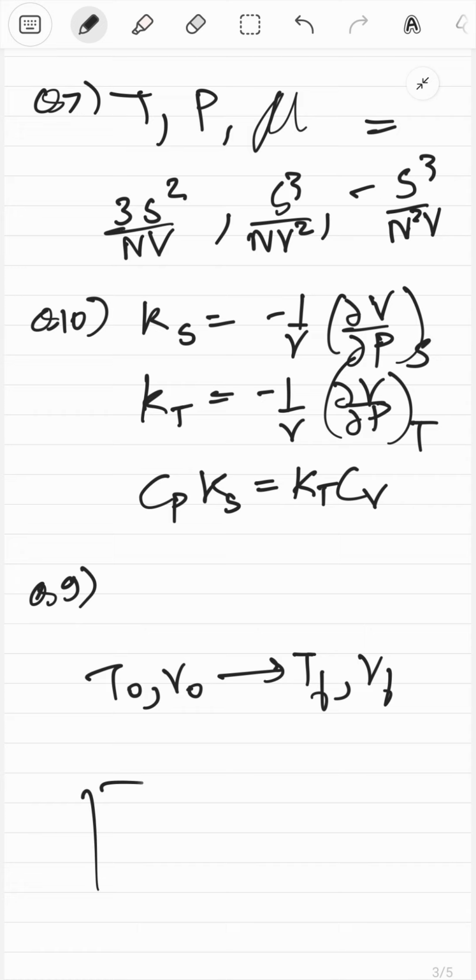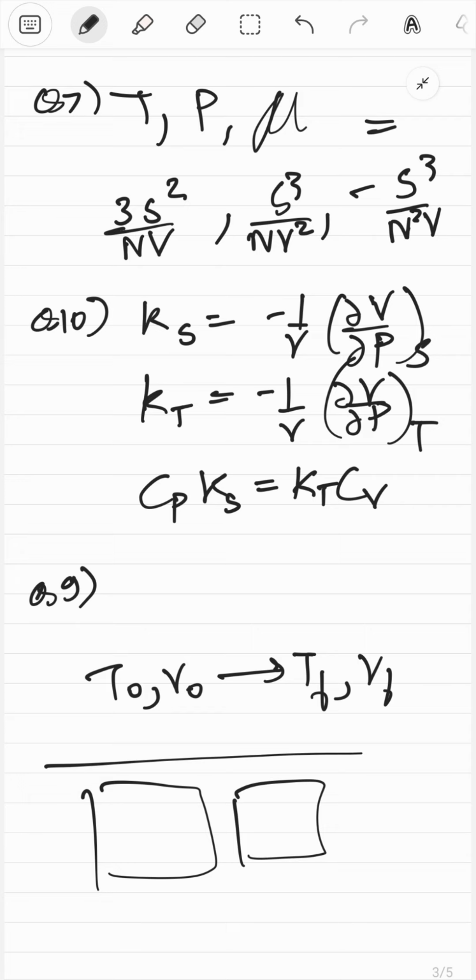Okay, let's try to visualize this. You have the gas, you have this constant volume thing, and you have some work source, and you want to deliver work to it. Okay, it's a reversible work source.